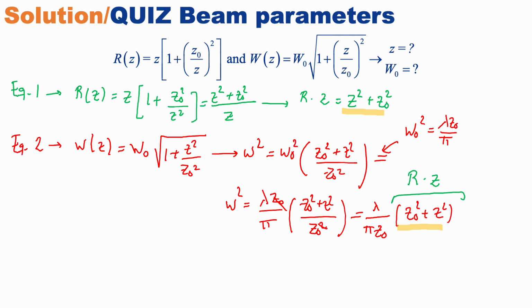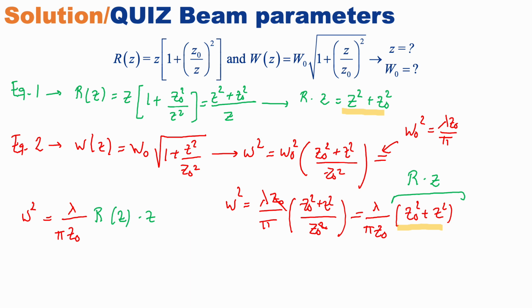So now what we have is that the square of the beam width is equal to lambda over pi times the Rayleigh range, and then the radius of curvature multiplied by the distance.